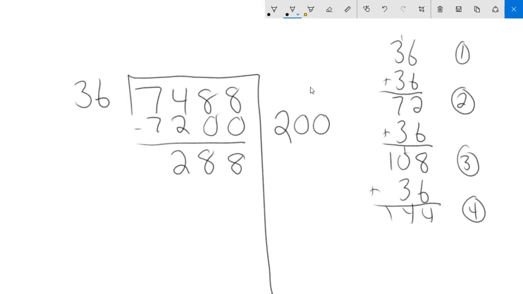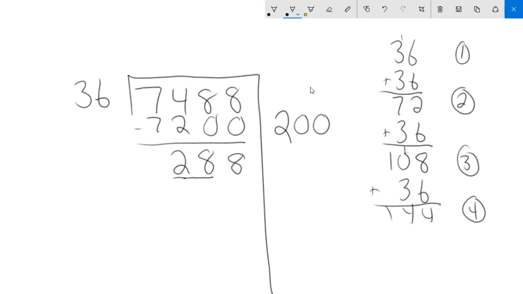So let's see. I'm trying to figure out 288. I'm dividing it by 36. So I'm seeing how many groups of 36 are in 288. Well, there aren't any groups of 36 in 2. There aren't any groups of 36 in 28. So now I'm looking at this whole number. Now I really just need to make it as large as I can, but I can't multiply by 10 because that would be 360.